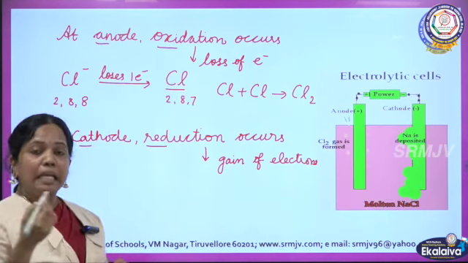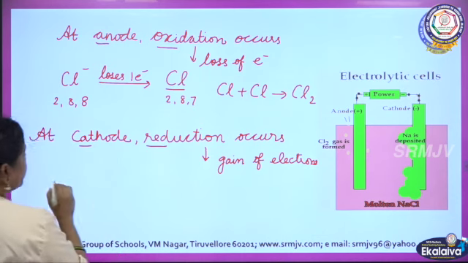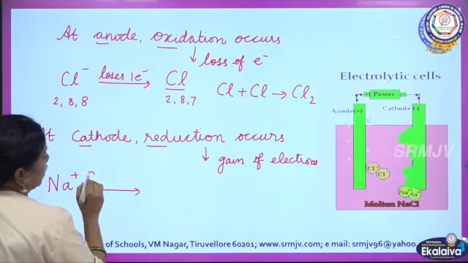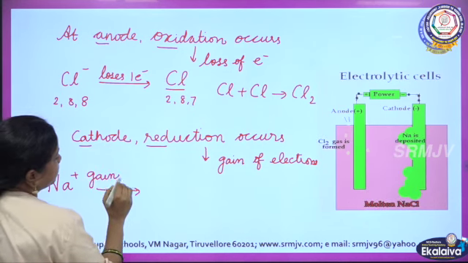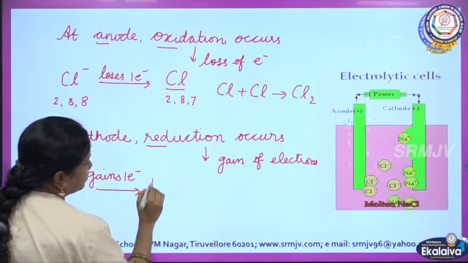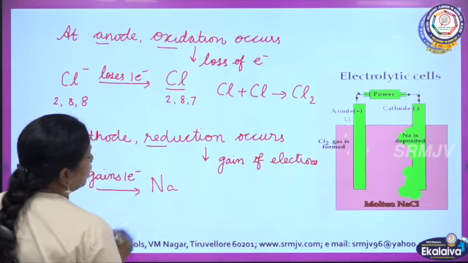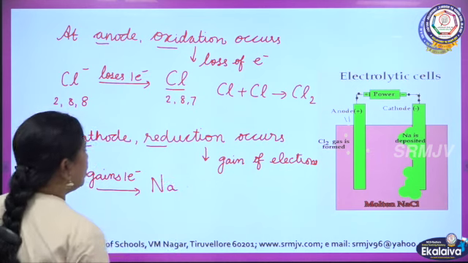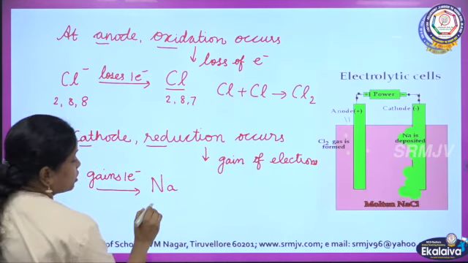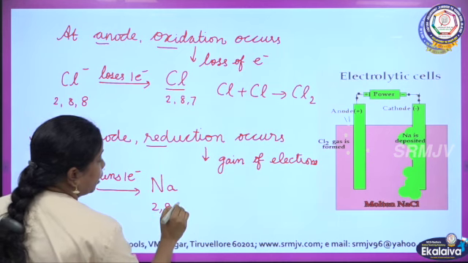Reduction means gaining of electrons. So the sodium ion gains one electron to form a sodium atom. The atomic number of sodium is 11 and its electronic configuration is 2, 8, 1.